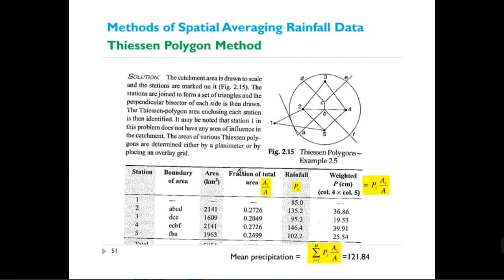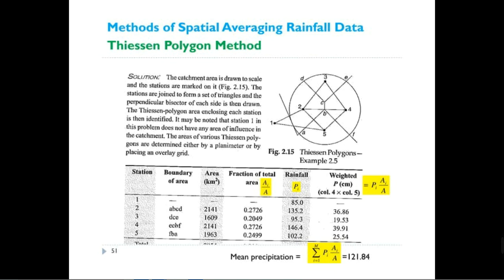Actually, you know the planimeter, you use it in surveying. So you have the practical also, the planimeter. You can find the area of a given map. Normally you can see the atlas map.